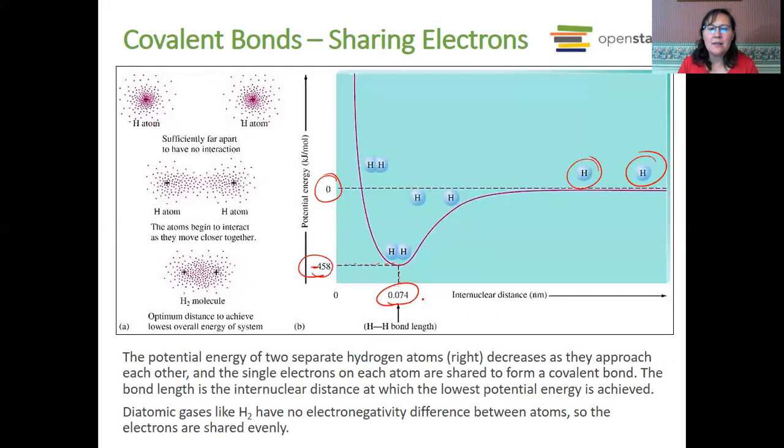So at 0.074 nanometers, wow, that is really small. Very small.